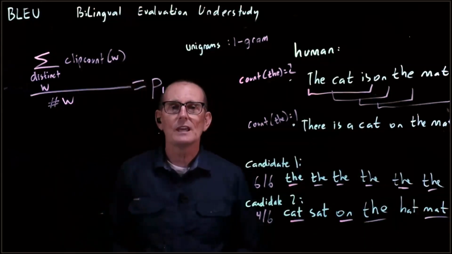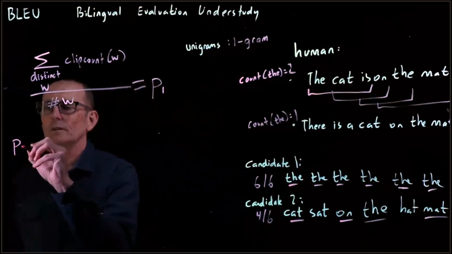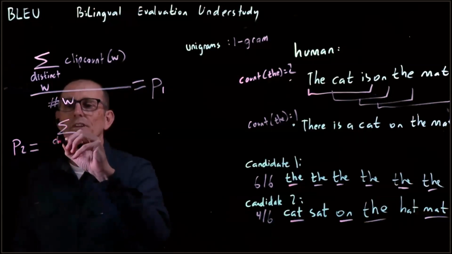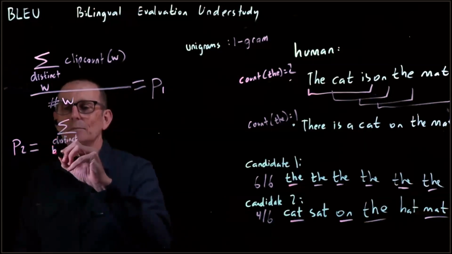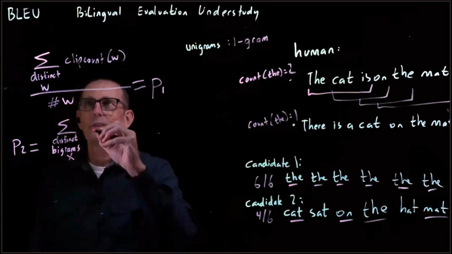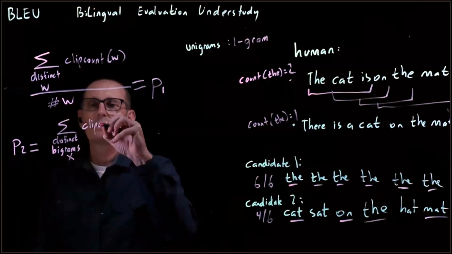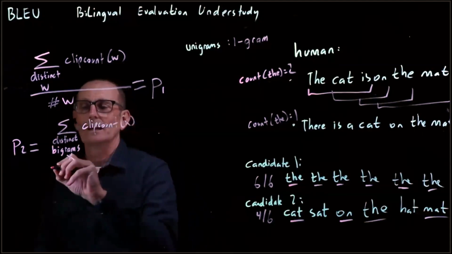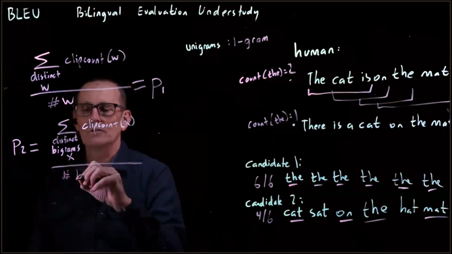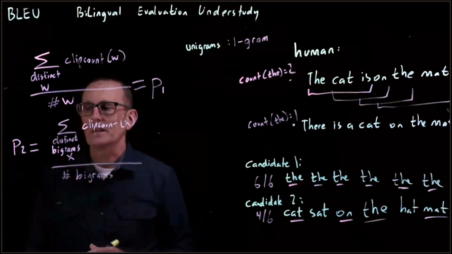Now we can do the same thing for P2. P2 would be the number of distinct bigrams. Let's call them X. And so we take a clip count of X and we divide by the number of bigrams. So that'd be P2.